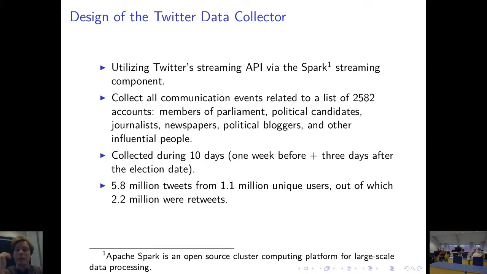We used these as key nodes and collected all the information from them and to them, which ended up being 5.8 million tweets from 1.1 million unique users, out of which 2.2 million were retweets.